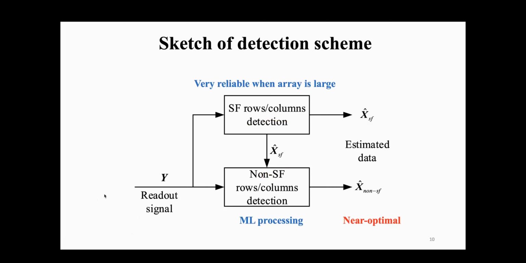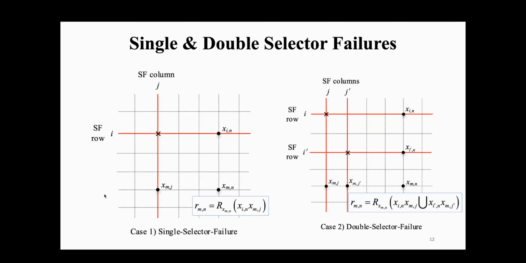Thus, we can further detect the remaining data with the ML detection. Therefore, the overall performance is near optimal. In this work, we assume each memory array has at most 2 selector failures.